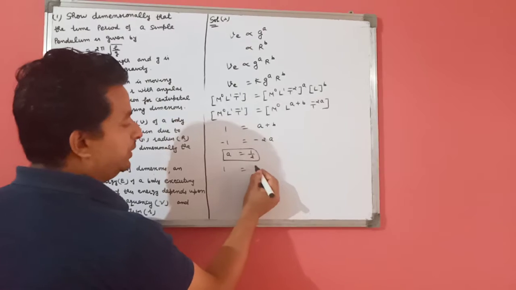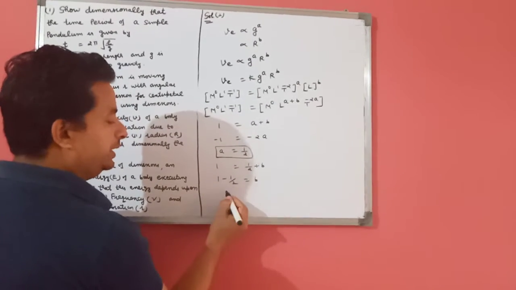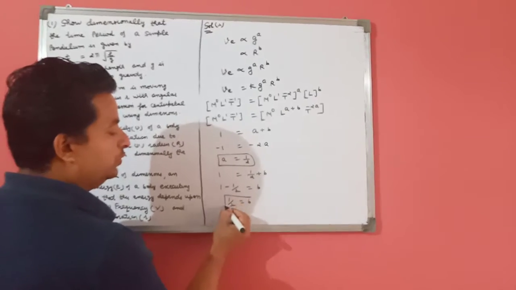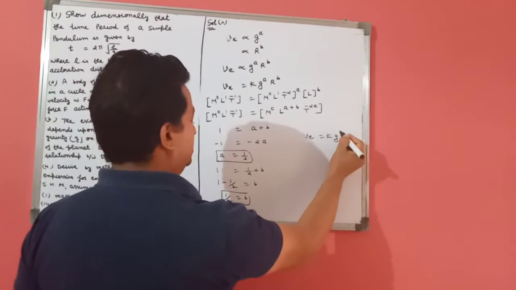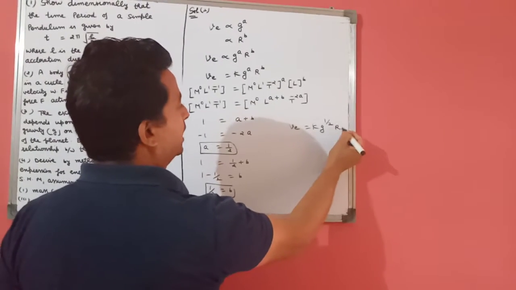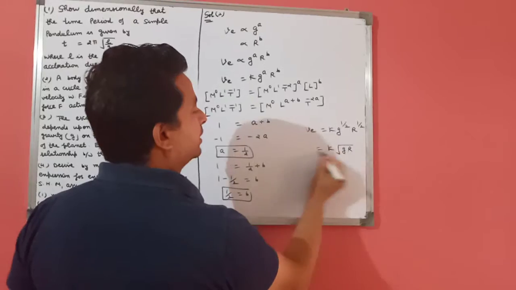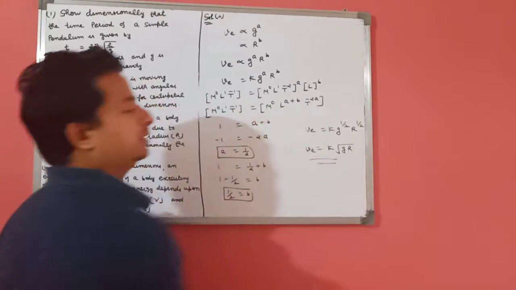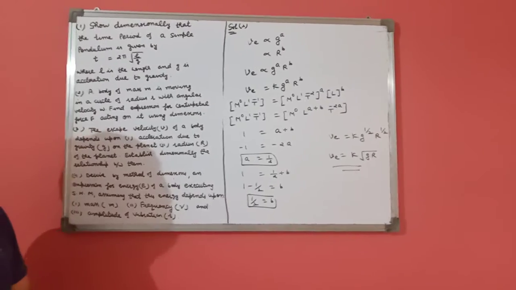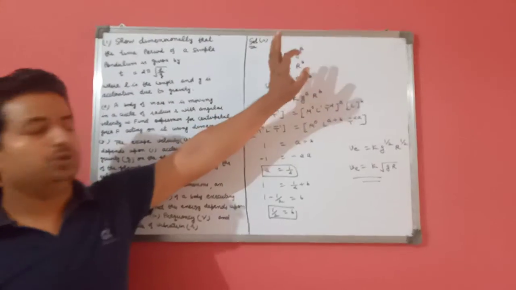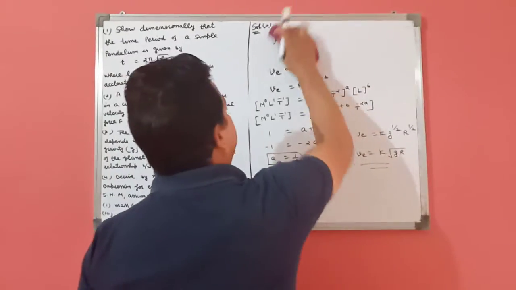When we put the value, b is 1 minus half, so b is 1 by 2. This means the relation is k g power half r power half, that is k under root gr. This is the formula for escape velocity of a body when it depends on the acceleration due to gravity and the radius of the planet.